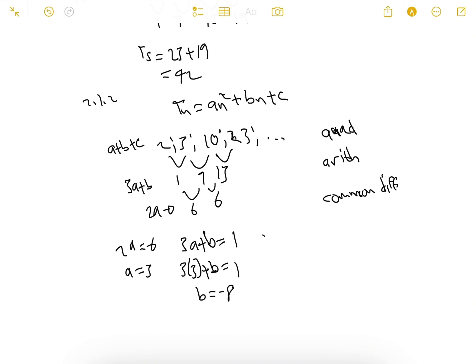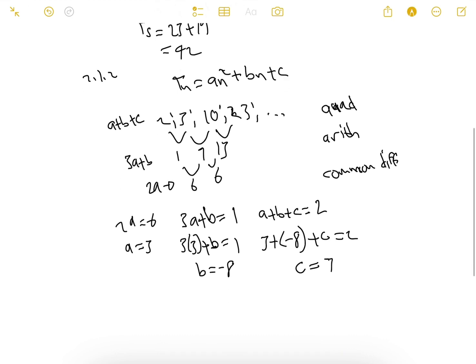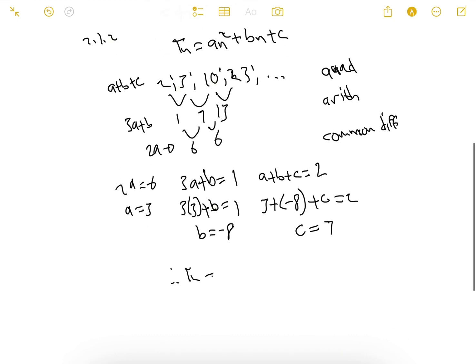Then a plus b plus c is equal to 2, so 3 plus negative 8 plus c equals 2. Therefore c becomes 2 plus 8 minus 3, which is 7. Therefore Tn is equal to 3n squared minus 8n plus 7.